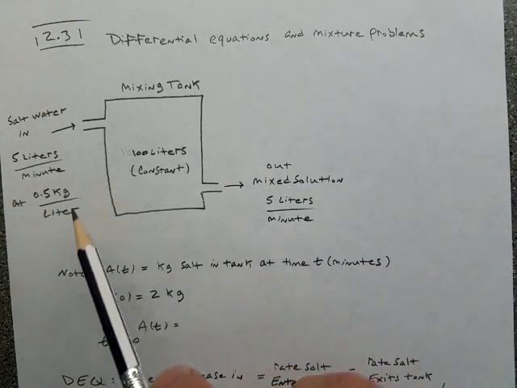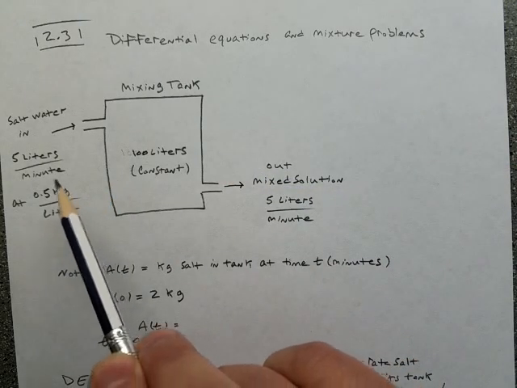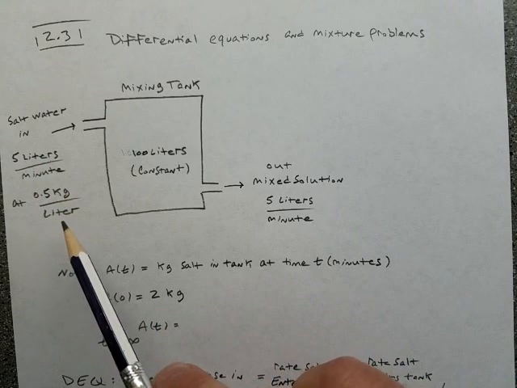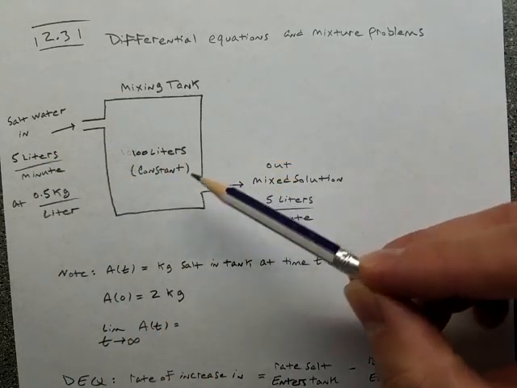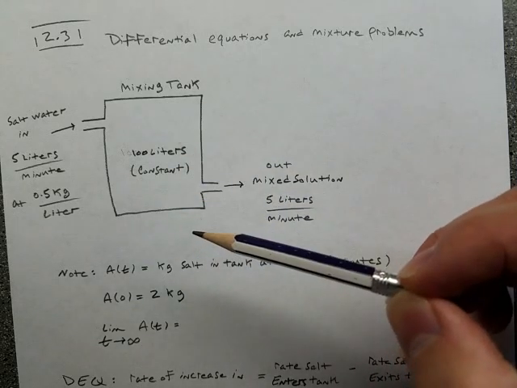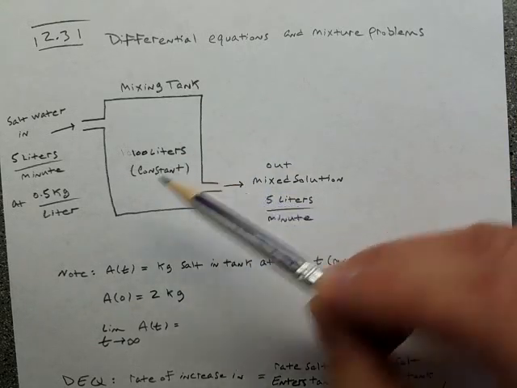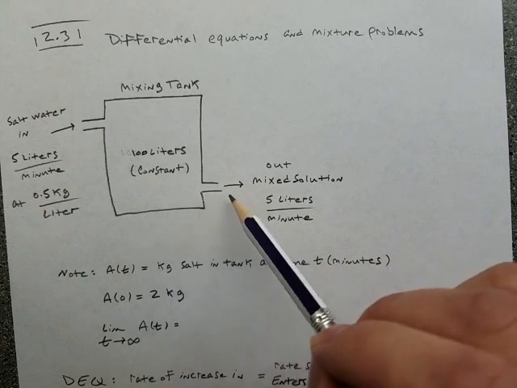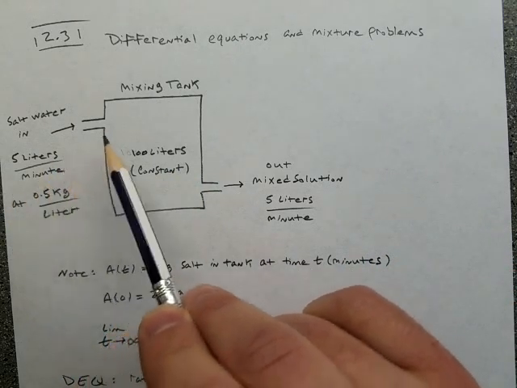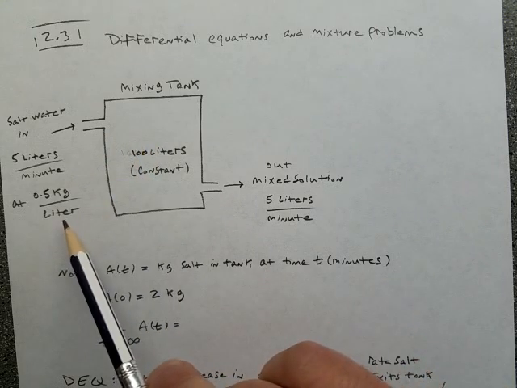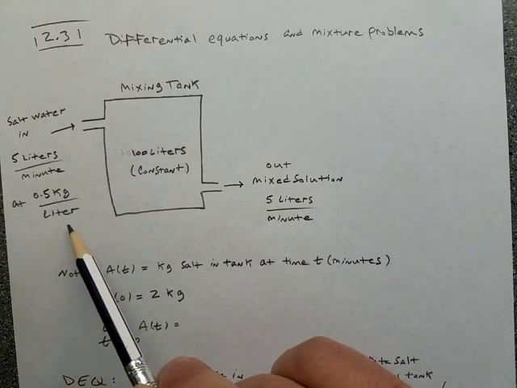And here's what happens. We let a different solution, a different concentration, flow in, and we suppose that we have perfect mixing in there, and then whatever flows in also exits. Okay, so you put one kind of solution in at 5 liters per minute at a certain concentration, half a kilogram per liter.